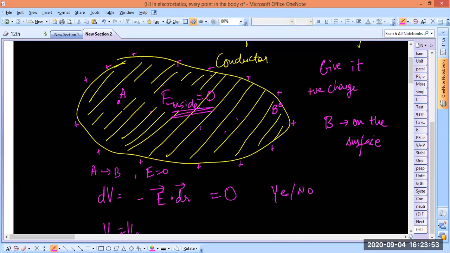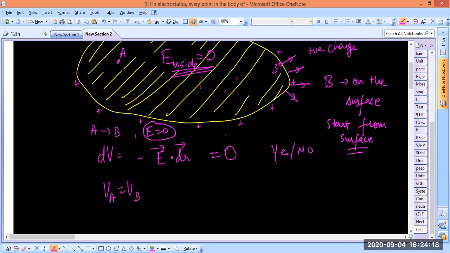Still the same logic holds because the electric field is not on the inside. It will start from the surface. The field lines will start from the surface. So if you go from A to B, anywhere in between, E is still going to be 0. Clear? This second case is clear, yes or no?